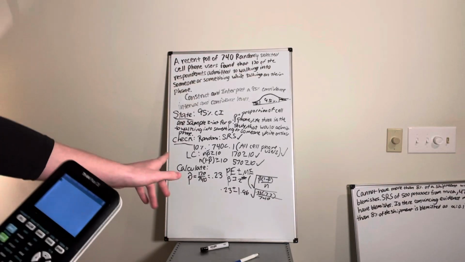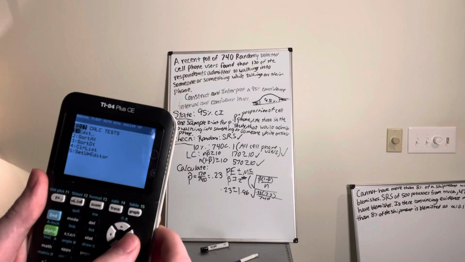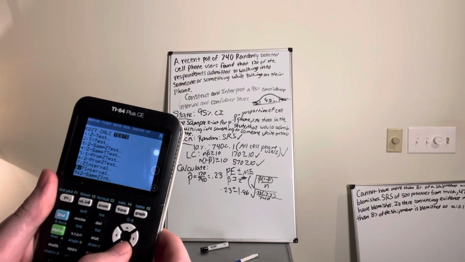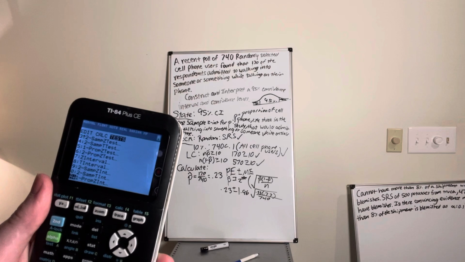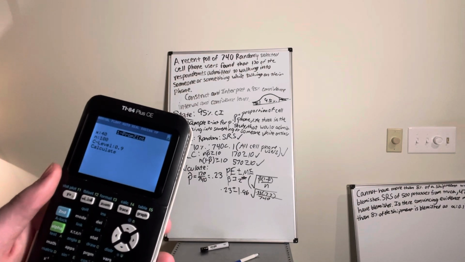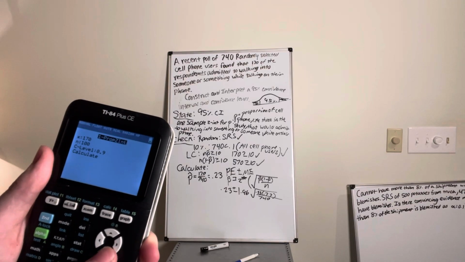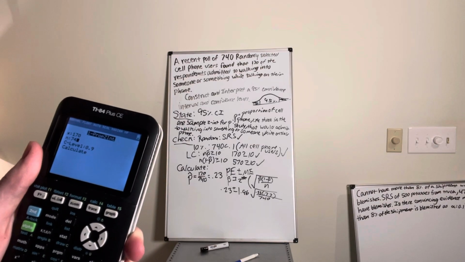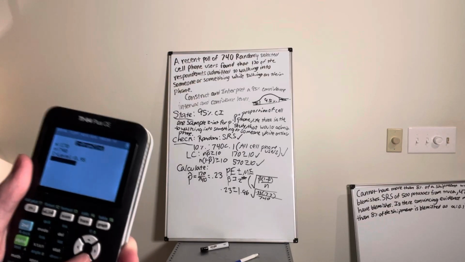You could plug that into your calculator and get the correct answer, or you could go to stat, over to tests, and then down to 1 proportion z interval, which is what we said at the top when we stated. You click that, and then you put in your x, which is your 170, and then you put in your n, which is your 740 people, and your confidence level is 0.95.